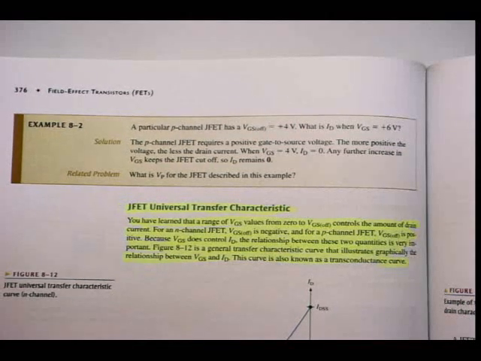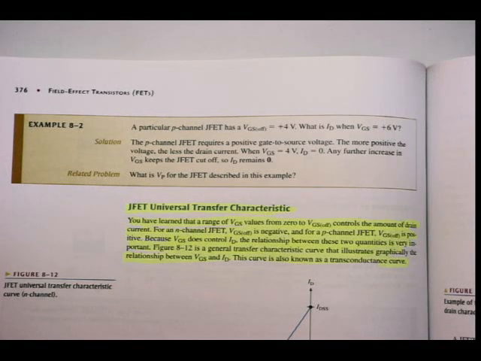What did they say? VGS off is plus 4 volts. In other words, VGS off means ID is equal to 0. Do you agree? So if I increase the reverse biasing voltage, can it become more off?